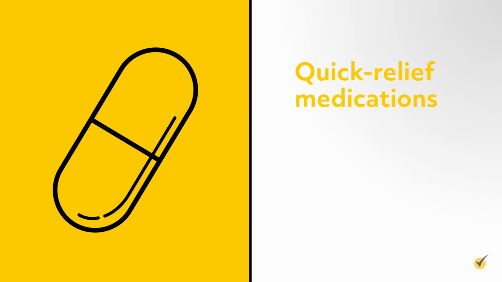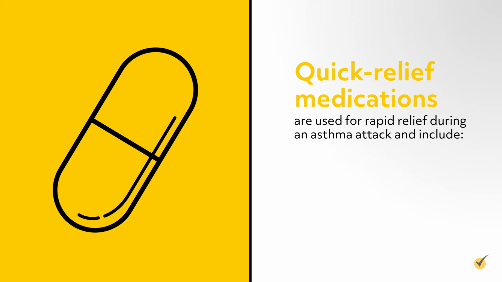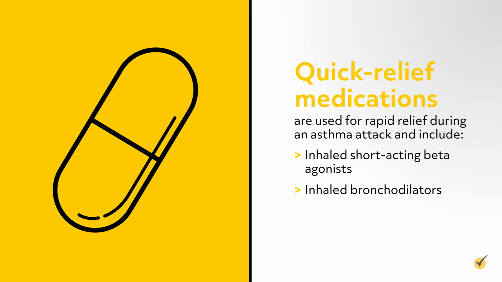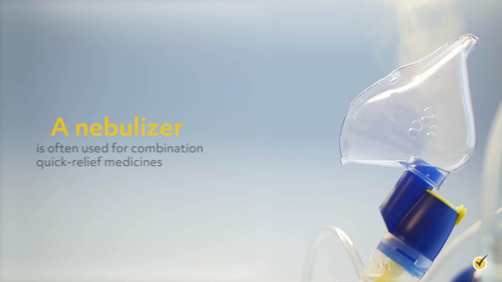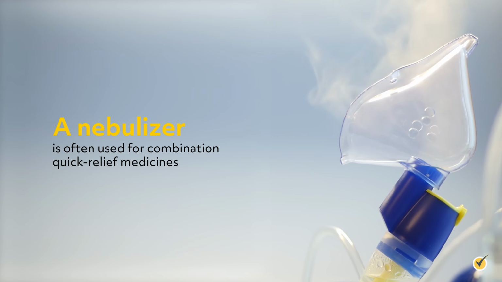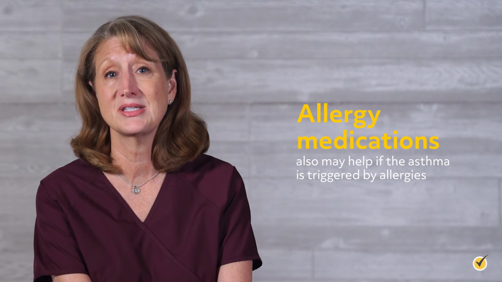Quick relief medications are used for rapid relief during an asthma attack and include inhaled short-acting beta agonists, inhaled bronchodilators, and oral or IV corticosteroids. A nebulizer is often used for combination quick relief medicines. Allergy medications may also help if the asthma is triggered by allergies.